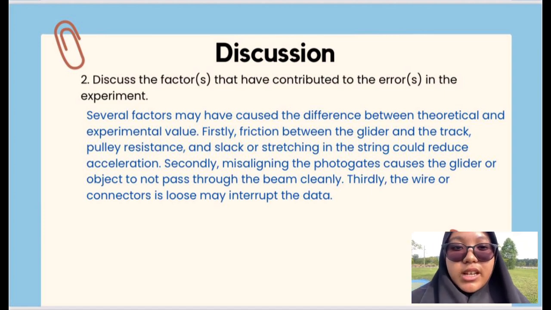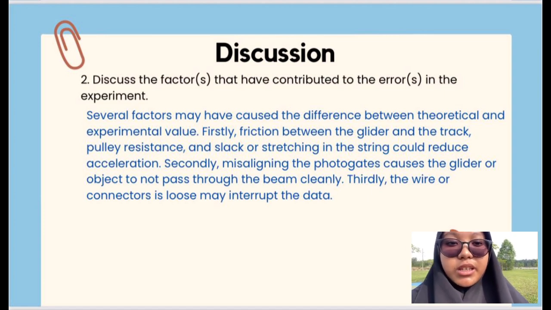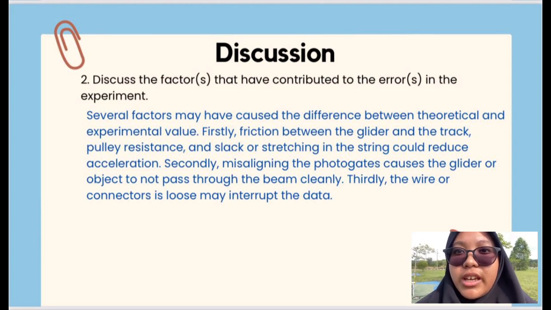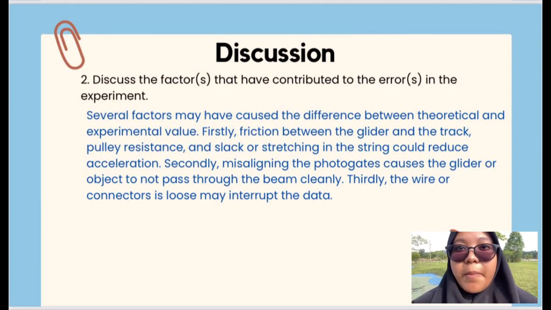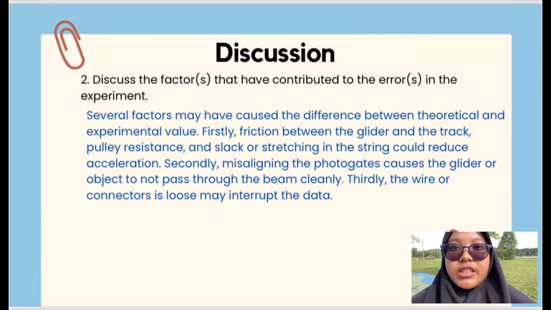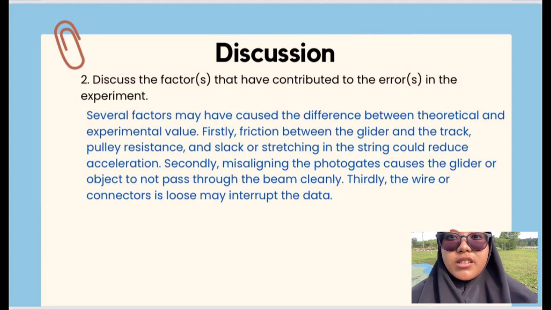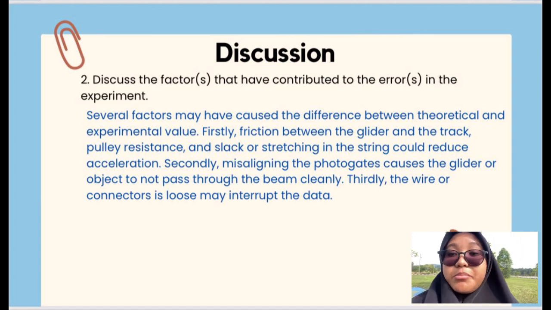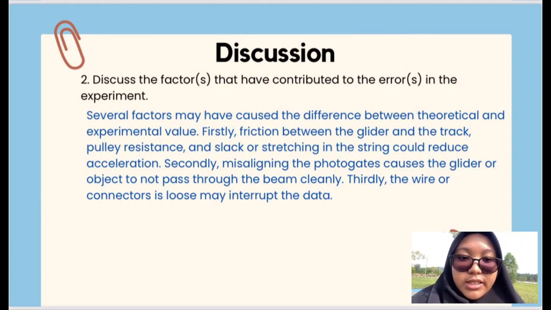So the answer is, several factors may have caused the difference between theoretical and experimental value. Firstly, friction between the glider and the track.